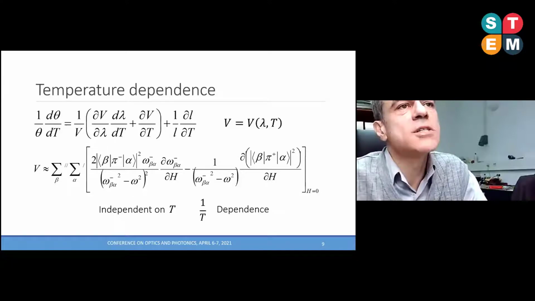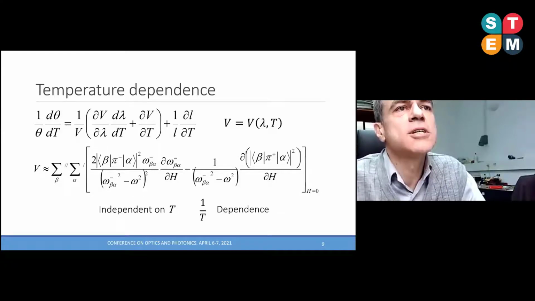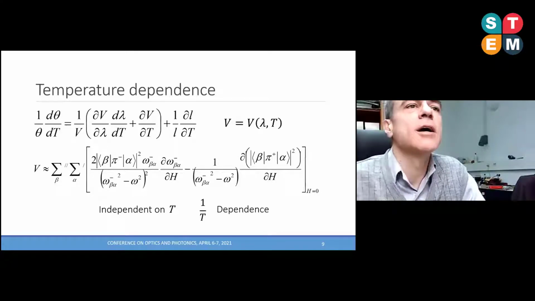Actually, Verdet constant in general consists of two parts. One part is the diamagnetic part, and the other part is the paramagnetic part. This diamagnetic part exists in all materials, and it is a consequence of Zeeman splitting, and it's approximately independent of temperature for not too low temperatures and not too high fields.